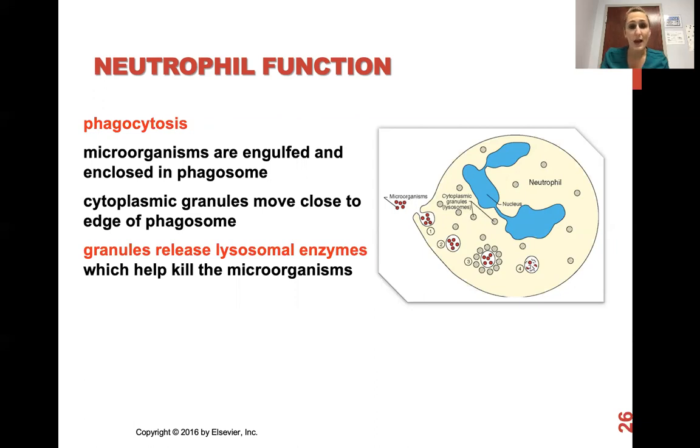It's like death by hydrogen peroxide. Basically, it has a hydrogen peroxide type chemical inside, and then these lysosomes mess with the hydrogen peroxide and make it a deadly chemical to these microorganisms. And then it dissolves, kind of eats it up, then it moves on and does its own thing. So neutrophils fight by phagocytosis and cellular chemical warfare.